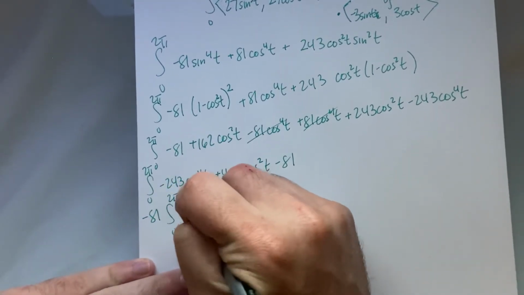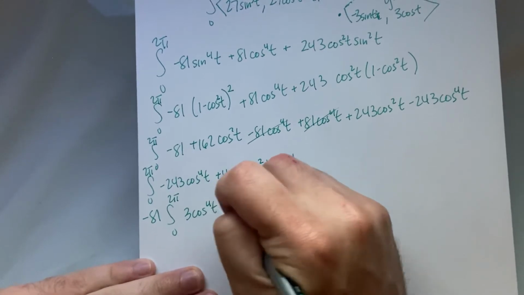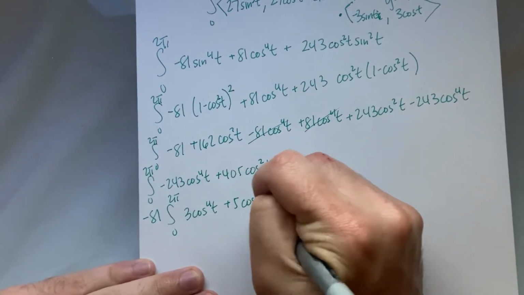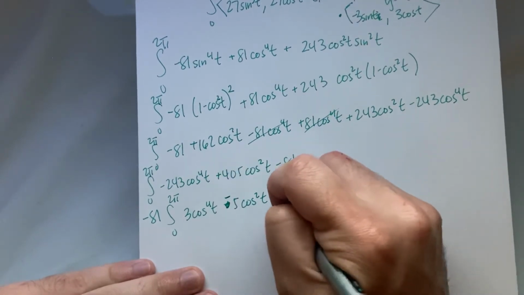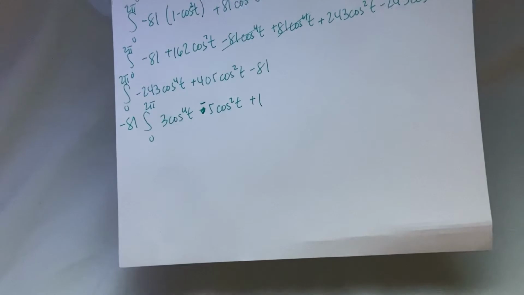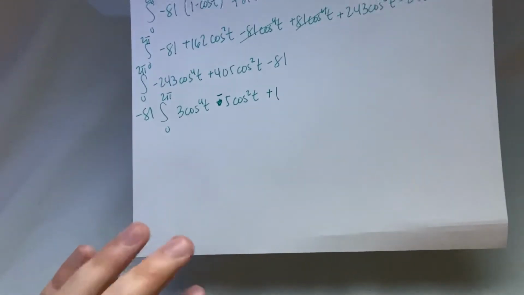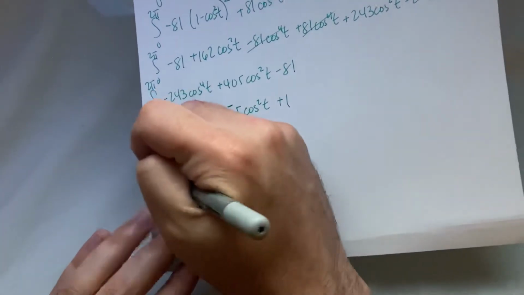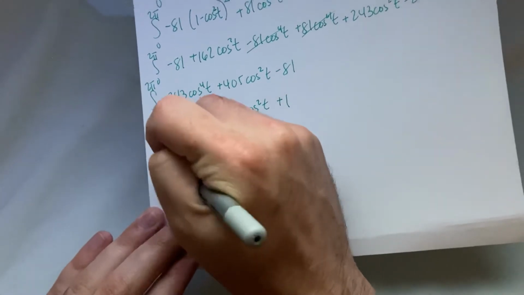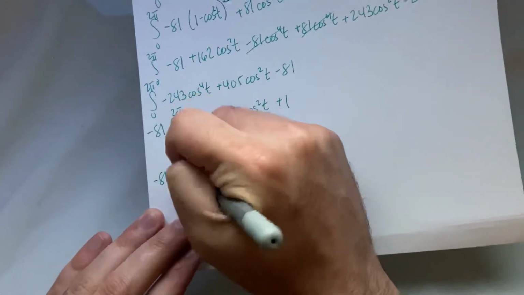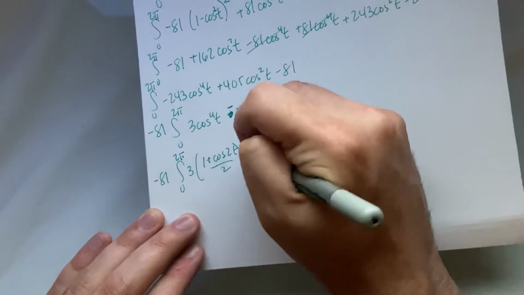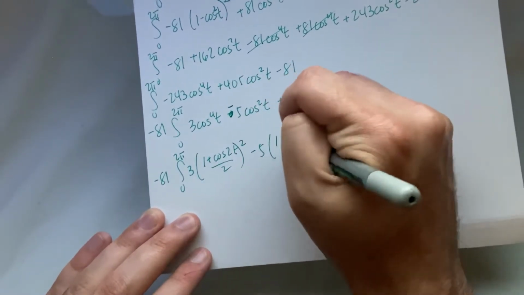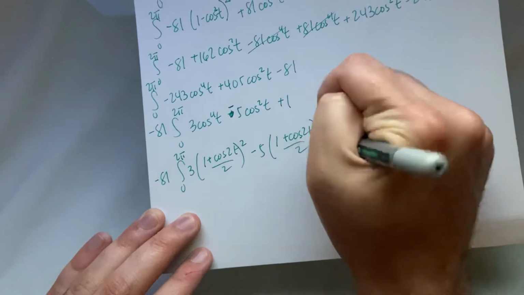It's 3 cosine to the fourth t minus 5 cosine squared t plus 1. Now, in order to integrate this, I have to do power reduction. So this is 3 times ((1 plus cosine 2t) over 2) squared minus 5 times (1 plus cosine 2t) over 2, plus 1.